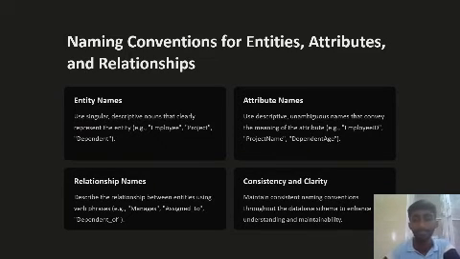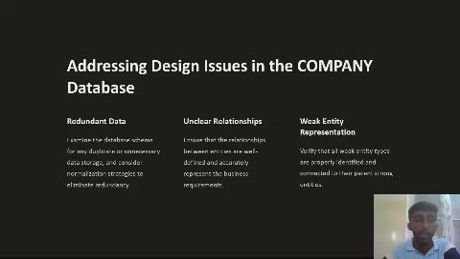Addressing the design issues in the company database: redundant data, unclear relationships, weak entity representation. These are the design issues in the company database. Redundant data: examine the database schema for duplicate or unnecessary data storage and consider normalization strategies to eliminate the redundancy.